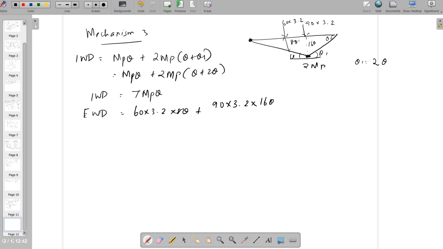By considering this triangle, I have calculated the deflection as 16 theta. So totally 6144 theta, and equate internal work done 7 MP theta, which is 6144 theta. The moment of resistance is equal to 877.71 kilonewton meter.